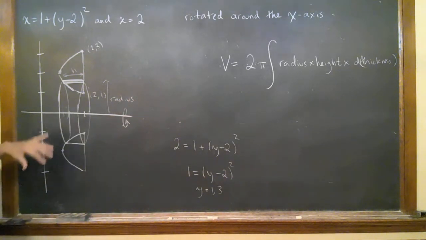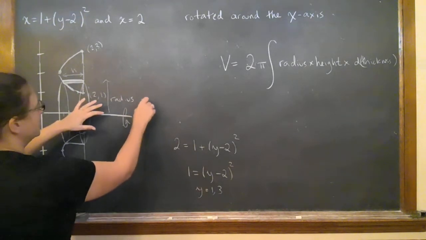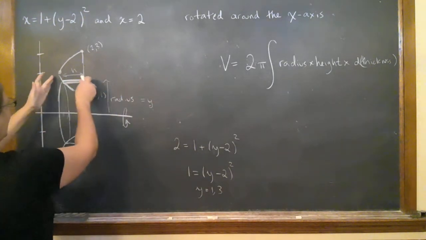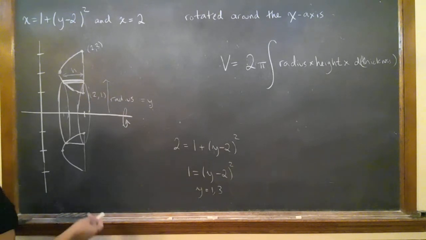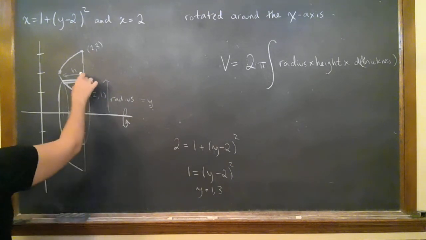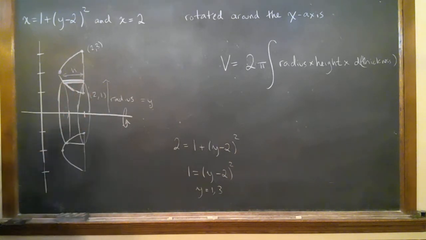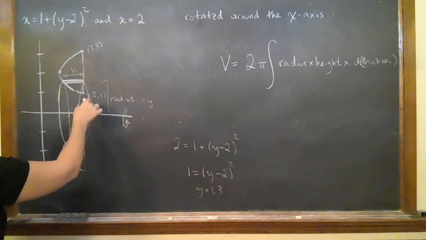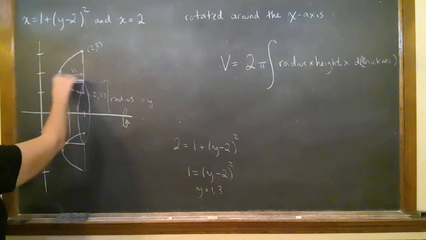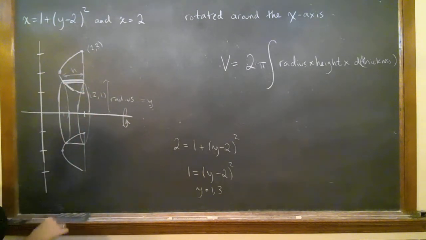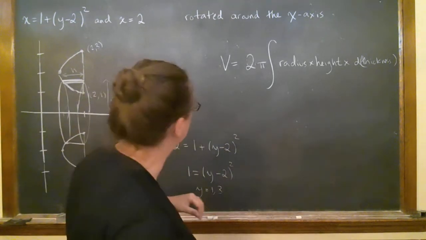So in this case, the radius is going to be y, and the height is going to be x, this x minus that x. So you have to be a little bit careful. This x minus that x. So let's go ahead and get that straightened out first.